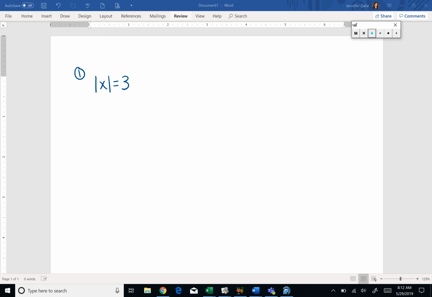All right, so this one, if you have half a clue what you're doing, should be done by now. When we have absolute value, remember, our first goal is to get the absolute value bars by themselves. In this one, that's already done, because all we have is absolute value of x. Then we talked about yesterday that 2 different numbers have the same absolute value.